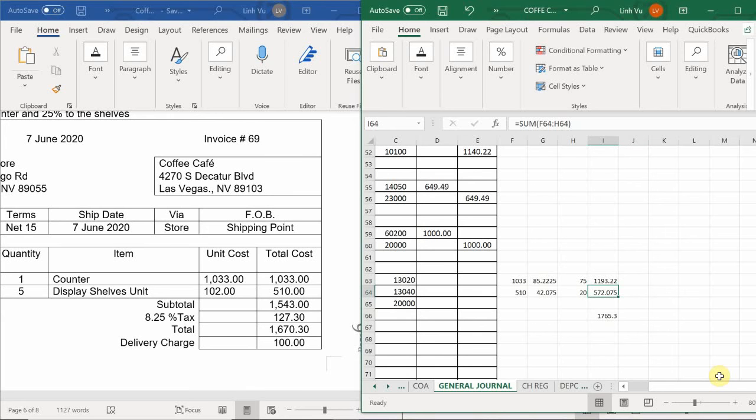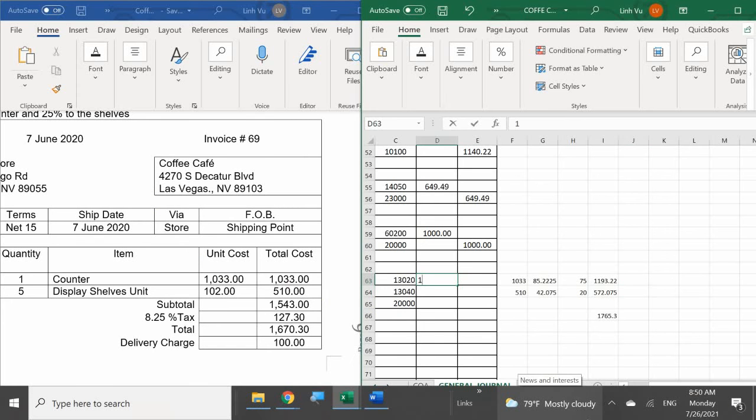So we have 1193.22, and then 572.08 is going to be our numbers. And we can double confirm if that gives us 1770.30. Ooh, no, it's not. Did I typo something?